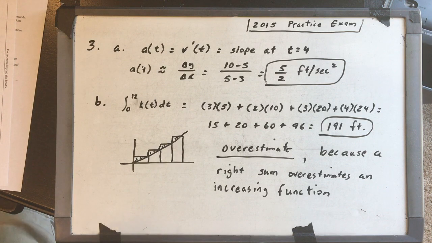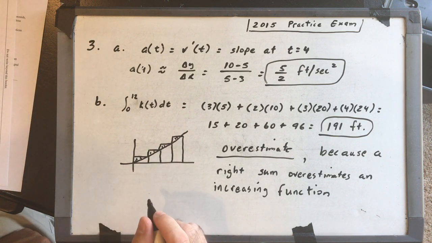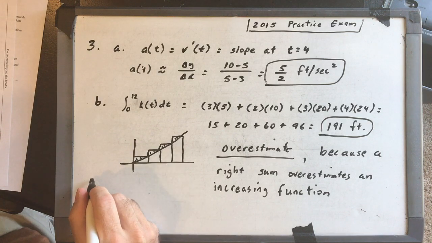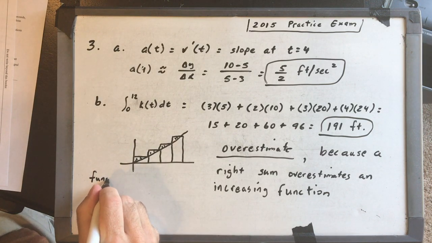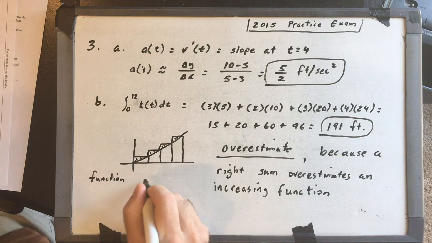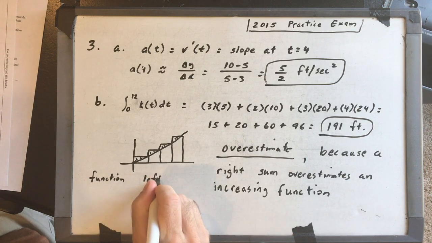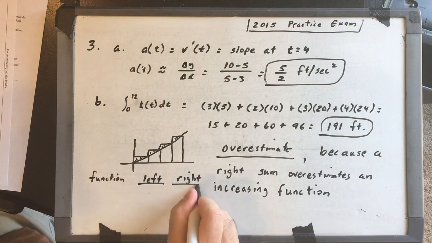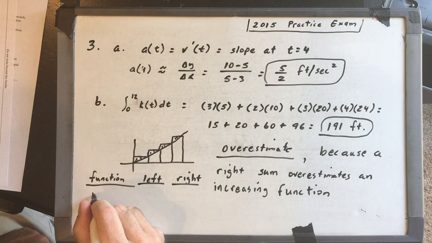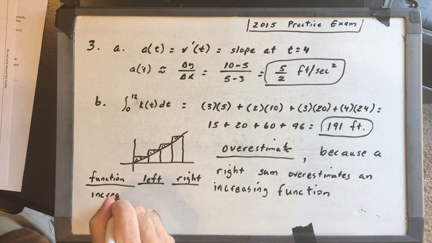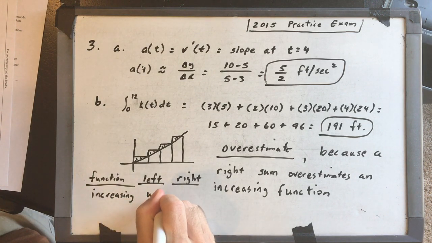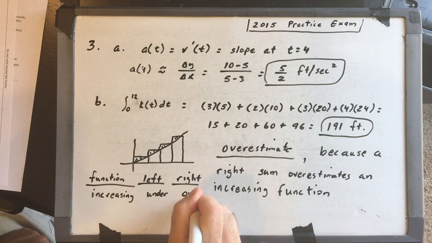Okay, you may want to write this down, just a little table for you. I'm doing this on the fly here. If the function is increasing, a left sum underestimates and a right sum overestimates.